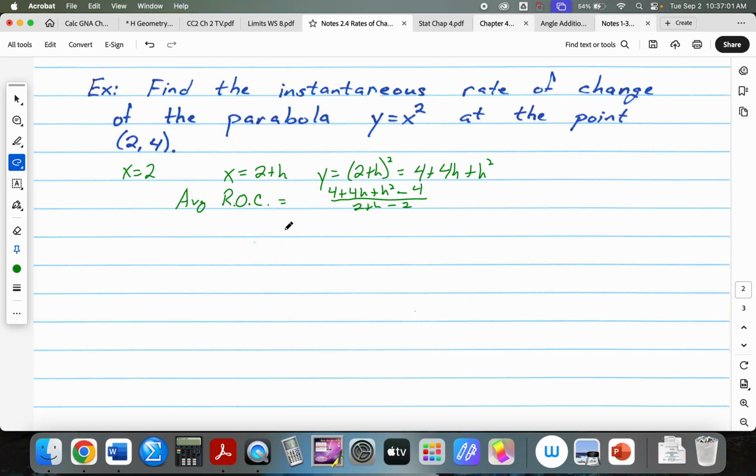We can simplify that in both the numerator and denominator. In the numerator, the positive 4 at the beginning and the negative 4 at the end drop out, so we've got 4h plus h squared. And in the denominator, the 2's add out to 0, so I just have h.